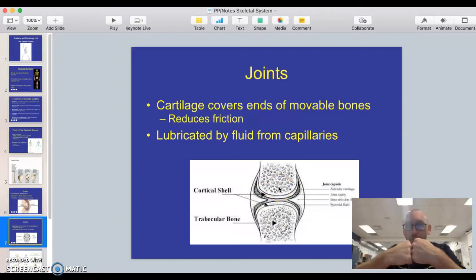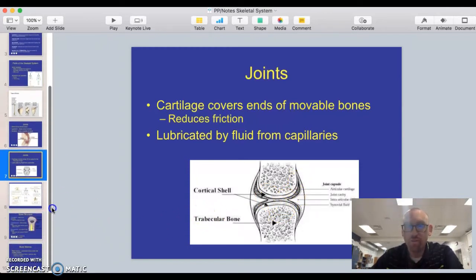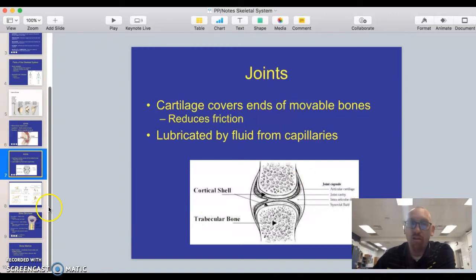And anytime you have bone on bone, it's going to create more friction, which is going to cause more pain. So oftentimes people, as they get older, have to have hip replacement surgery. Some of that hip replacement is the ball and socket joint, where your femur goes into the socket of your hip bone. The cartilage will wear down in that, and it hurts a lot for them to walk and all sorts of stuff. So then they have to go in and repair that.